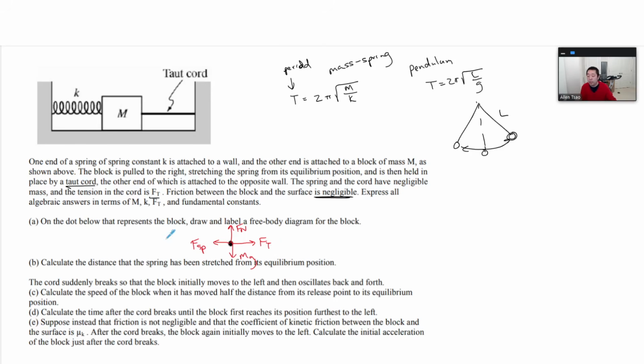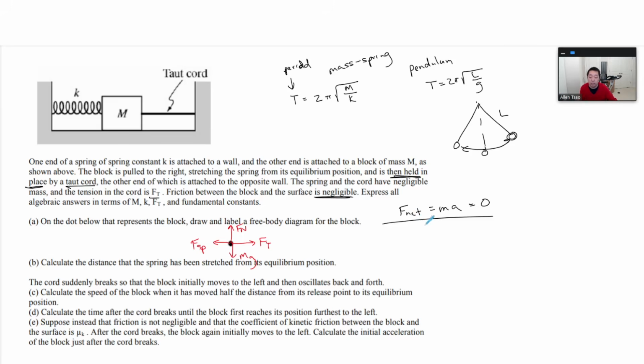Okay, part B: calculate the distance the spring has been stretched from equilibrium position. So that's how far the spring has been stretched. What we're normally going to do is F net equals ma. That's the next step on a free body diagram. The a is 0 because it's just sitting there, held in place. Held in place means not moving, not going to accelerate. I'm not oscillating.